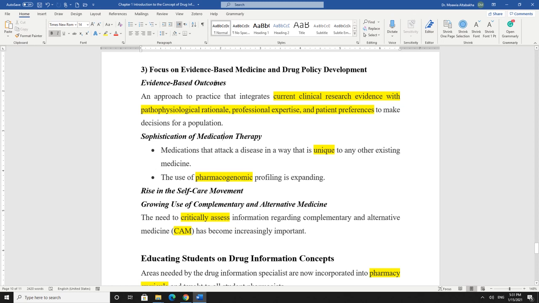Which one is better? Another thing is that for some drugs, maybe 100 or over 100, in order to specify the dose you need to do pharmacogenomic profiling. For example, we have what we call slow acetylators.